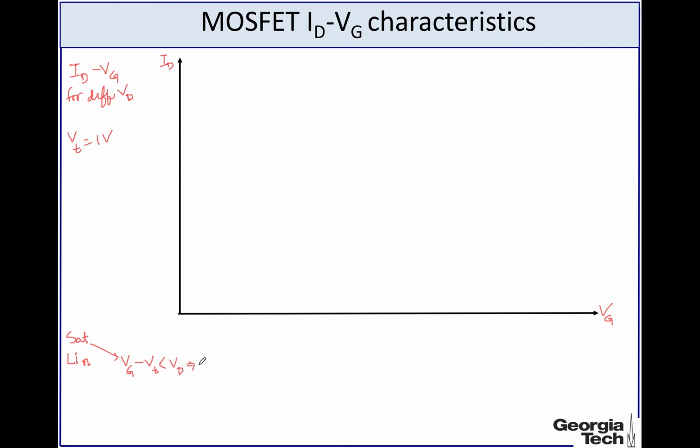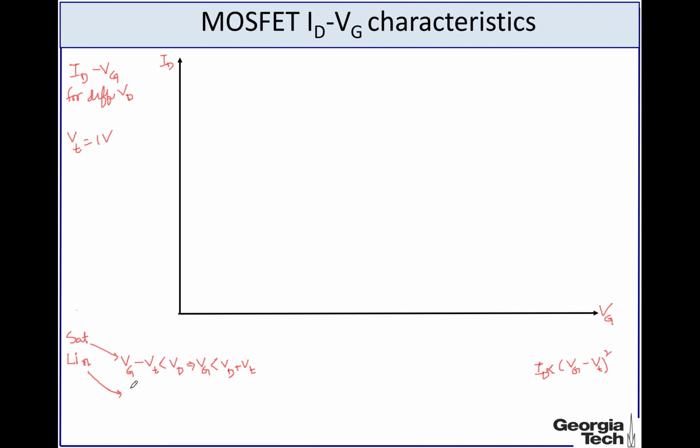So for a given drain voltage, the transistor will be in the saturation region when our gate voltage is smaller than Vd plus Vt, and in this region our drain current is proportional to (Vg minus Vt) squared.